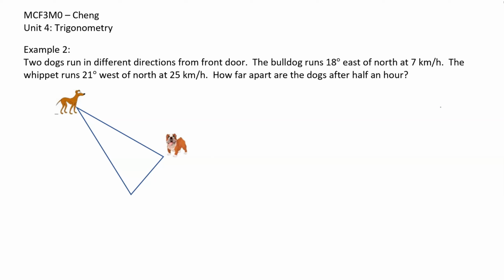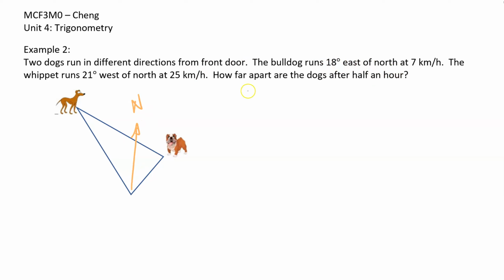Okay, so let's do our labeling and all that stuff. There's a lot of details here, and there's a little bit of trick when it comes to these sort of speed-based questions. So give me a moment and I'll sub in the details. If we understand that the common direction of north is this way, then what's happening here is the bulldog went 18 degrees east of north.